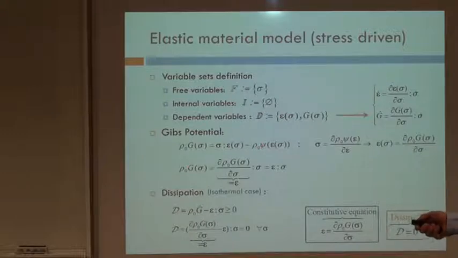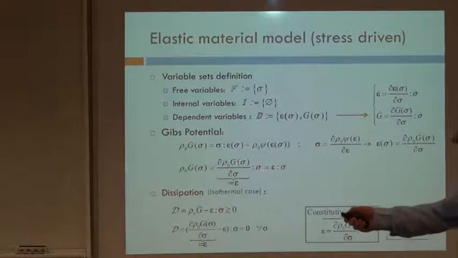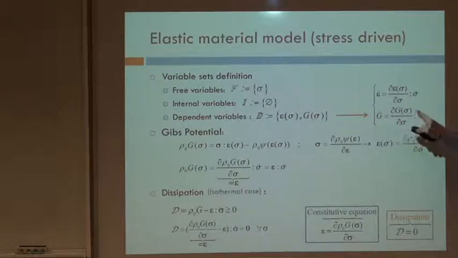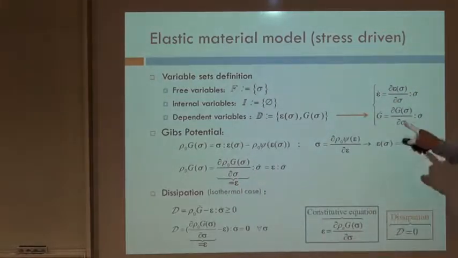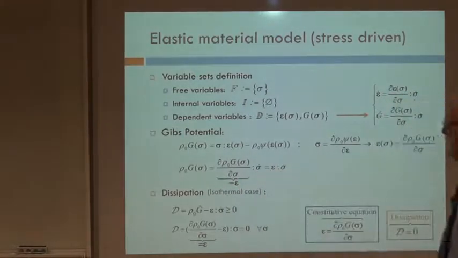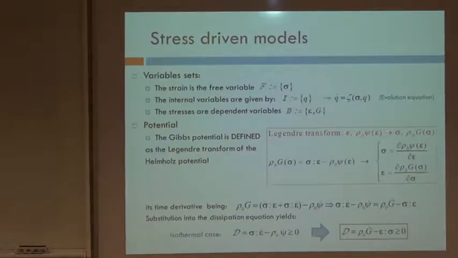Then I obtain rho 0 g dot equal to the derivative of rho 0 g with respect to sigma times sigma dot, and by definition, that derivative of rho 0 g with respect to sigma is epsilon, so it is epsilon times sigma dot. Now, about the dissipation.